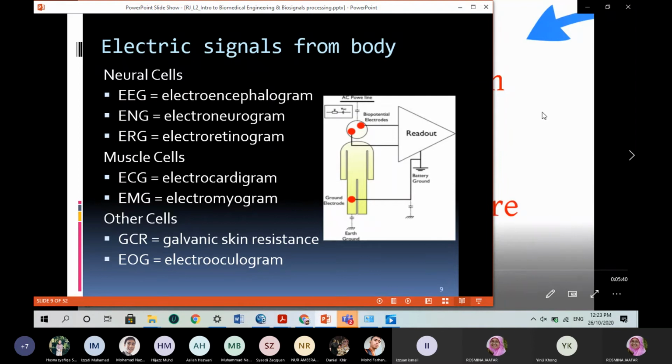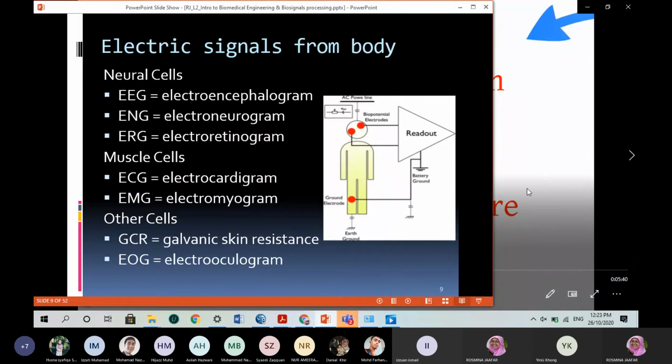The small difference, we will not feel the difference between 2 points in our body. But with electronics technology, with an instrumentation amplifier, we can extract very small biopotential signals from the surface of the body.